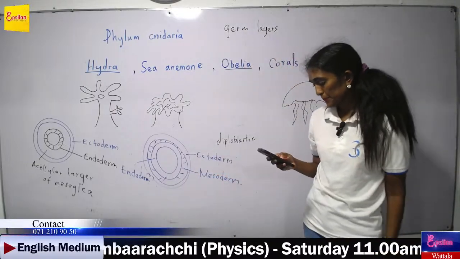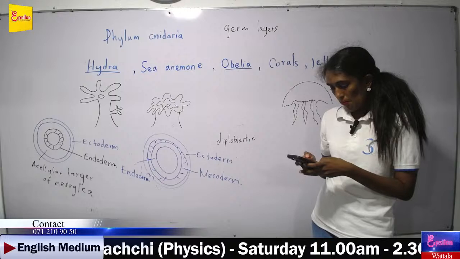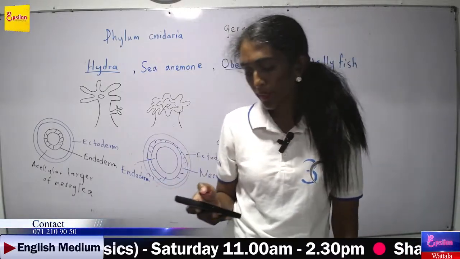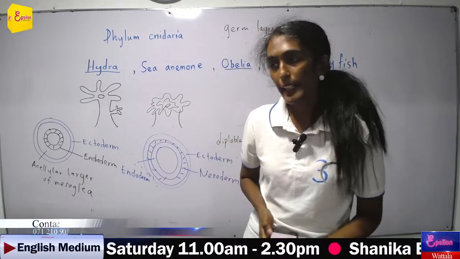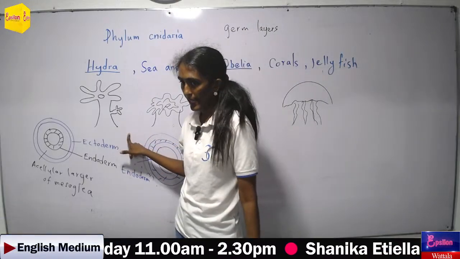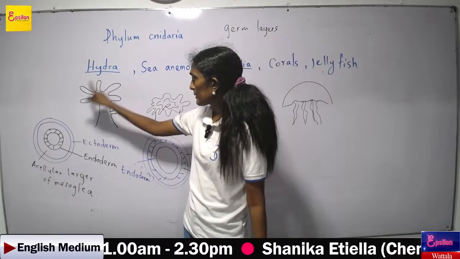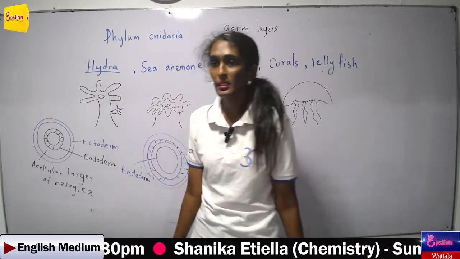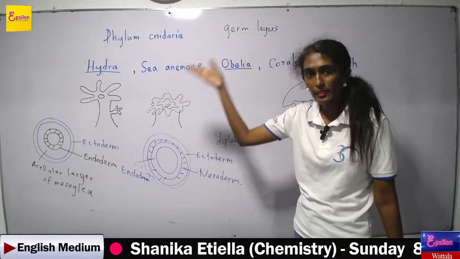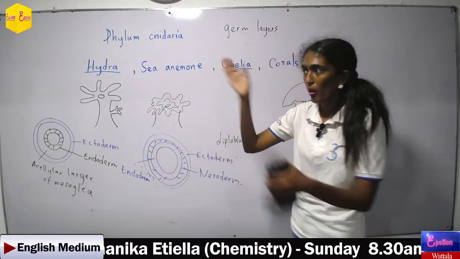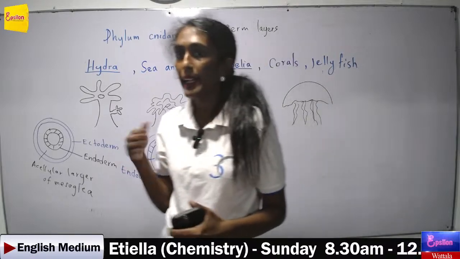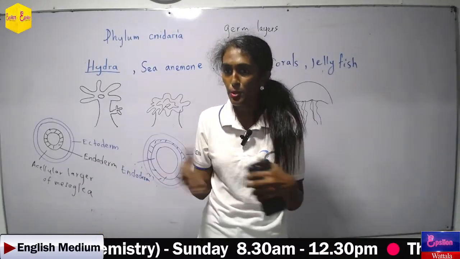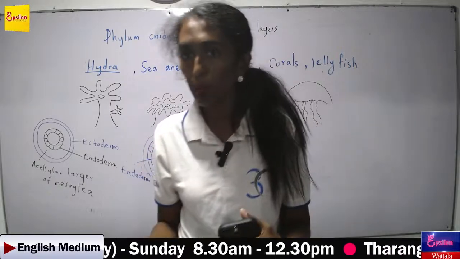Next one. They respire through body surface. No respiratory organs are present. I told that they are very small, simple animals. You can see that their body is small, and also where are they living? All of them are living in water. So almost all the cells in the body are in contact with the external environment, so it is easy for them to diffuse things via the body wall.